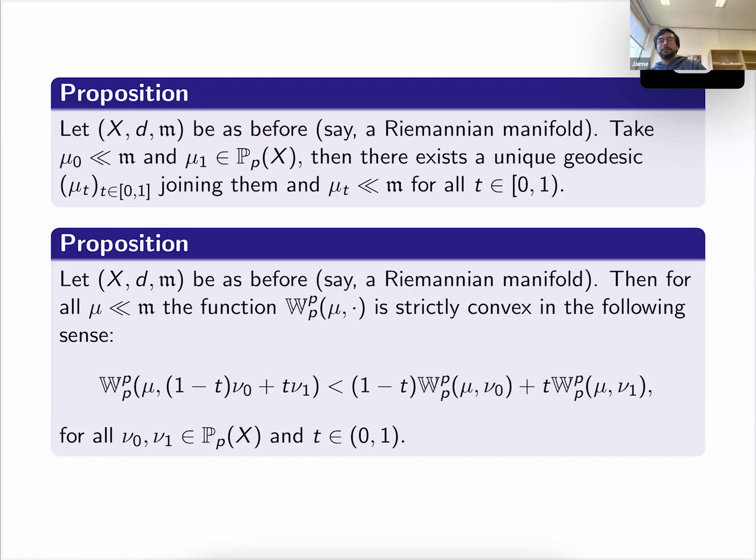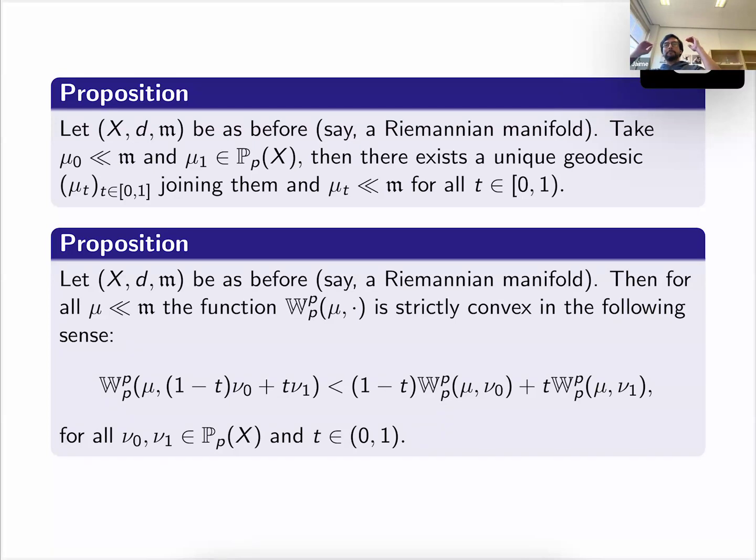If I take any two measures, nu0 and nu1, and some t between 0 and 1, then the p power of the distance from mu of the convex combination of these two measures is strictly less than (1 minus t) times the p power of the distance from mu to nu0, plus t times the p power of the distance from mu to nu1.